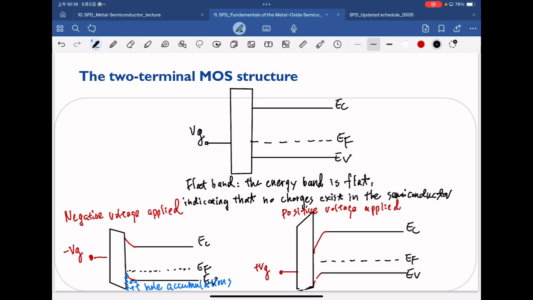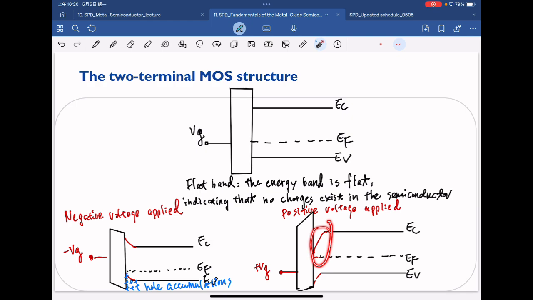So now we can foresee, to be more precise in the explanation, I slightly modify the EF. So now the EF is here. But now we can see the EC is getting close to our EF.